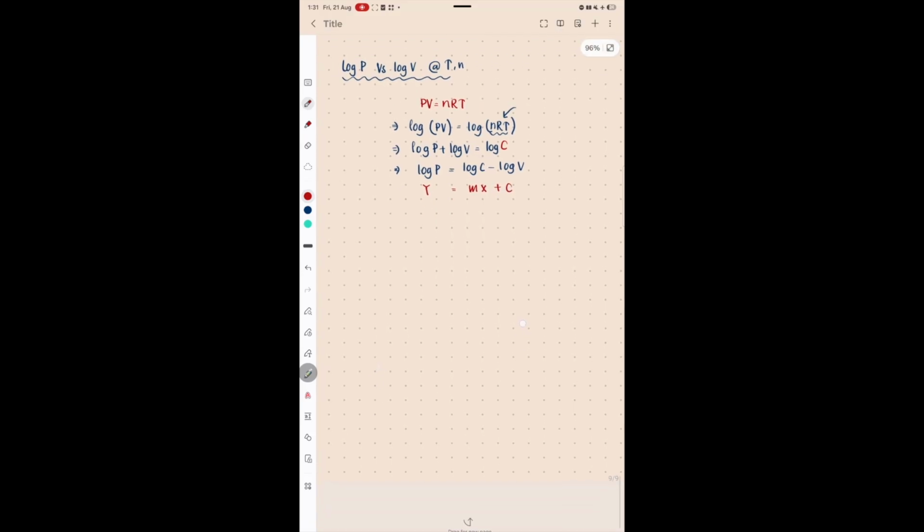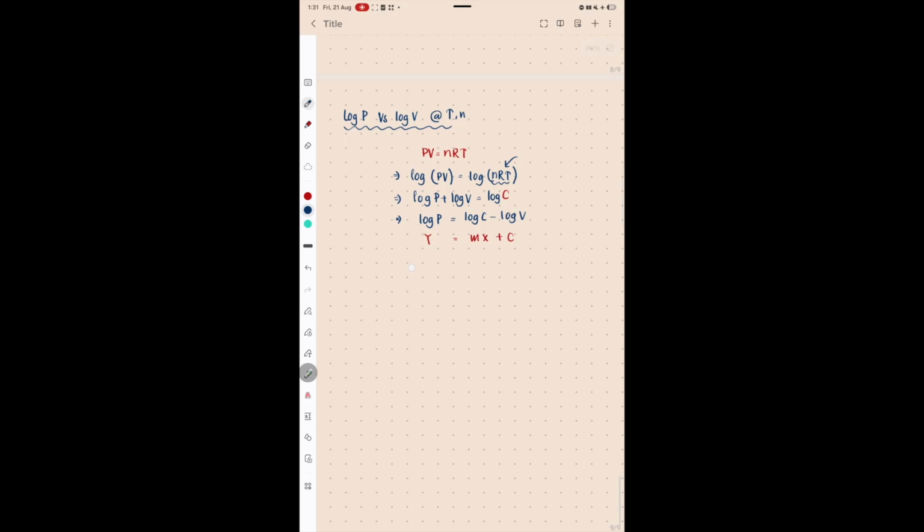Okay, so now if I plot log P versus log V, right? So how will that be?